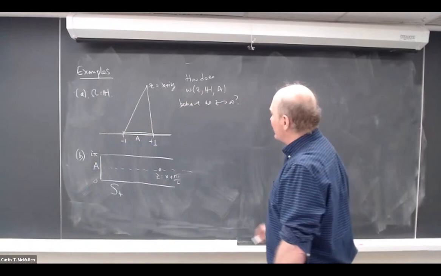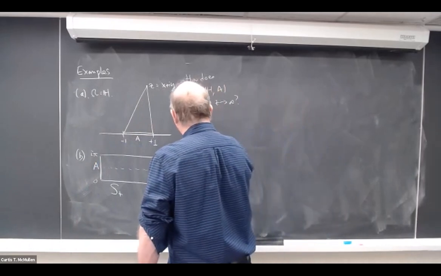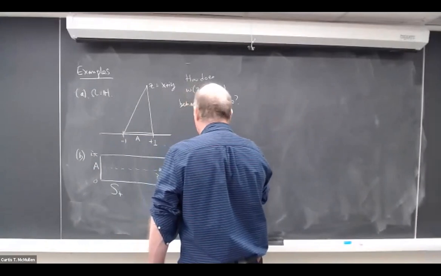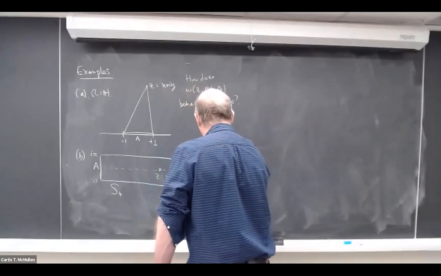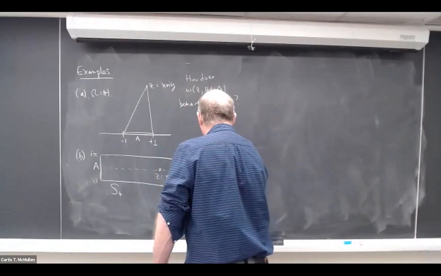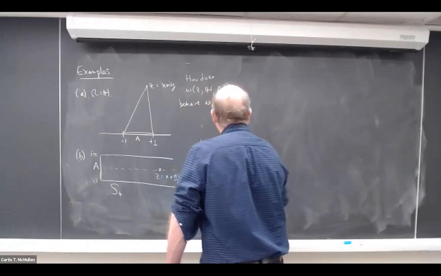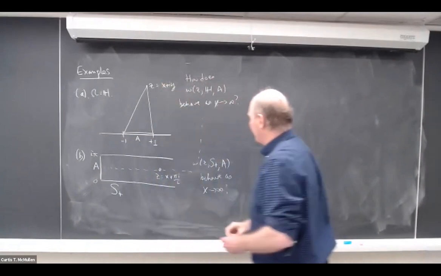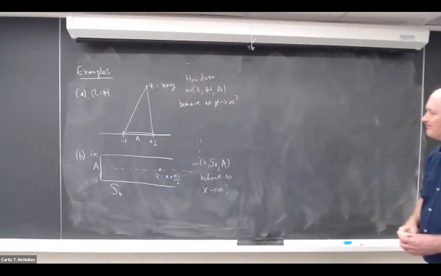And we can again ask, how does omega of z, S plus, A behave? This time as x goes to infinity. Here we might say as y goes to infinity. Maybe we're interested in just going up the y-axis.